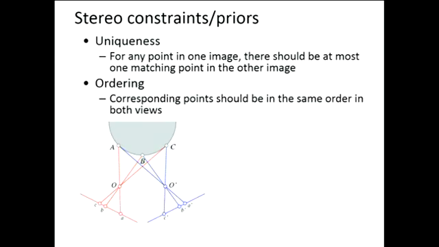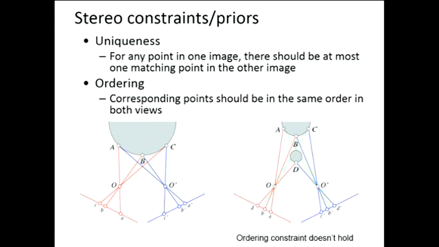I can also say, as a prior, that corresponding points should be in the same order in both views. So if I take three points on this image that are in order, A, B, C, then A prime, B prime, and C prime should also be in that order. That will be true as long as you're viewing convex objects, but it can fail if you have a non-convex scene.